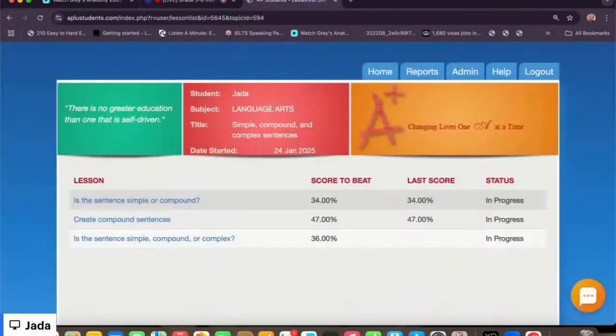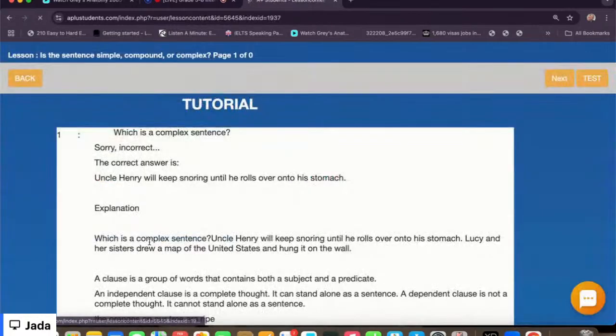So we will continue the lesson now. Hi Priyan. Okay, so the lesson is: the sentence, simple, compound, or complex? All right.